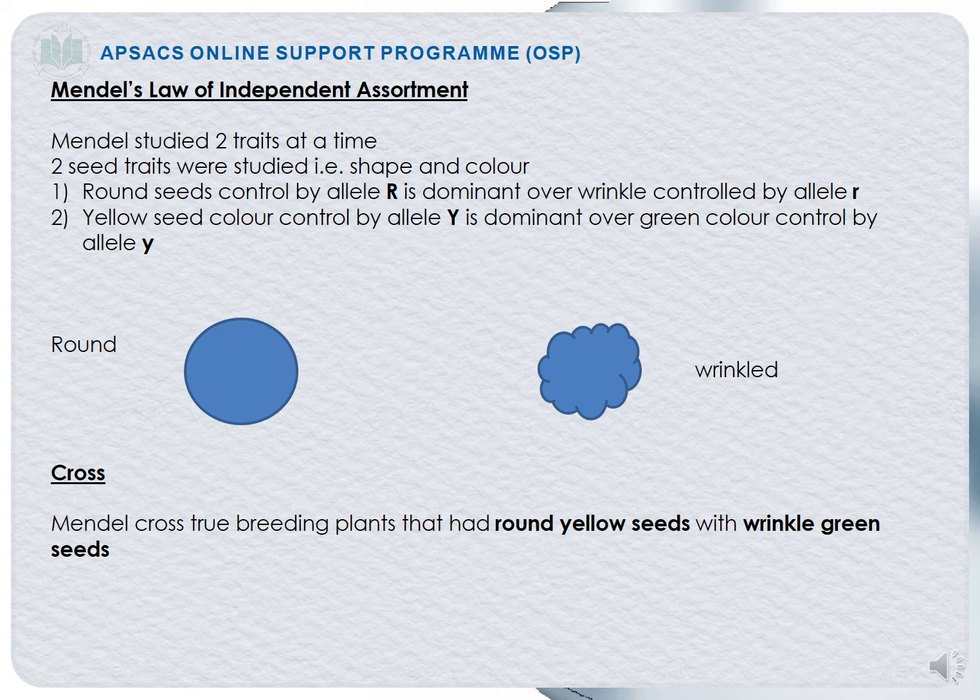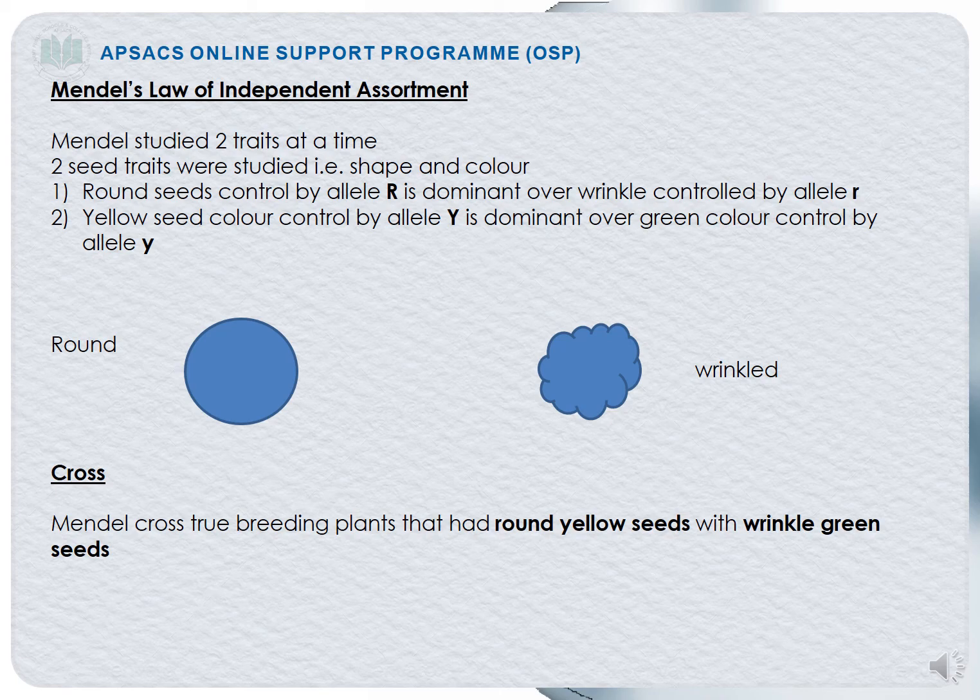Round is controlled by the capital R, while wrinkle is controlled by the allele small r. Yellow color is controlled by the allele capital Y, which is dominant over the green color controlled by the allele small y. Here you can see the shapes. This is the round shaped seed, and the second one is the wrinkle shaped seed.